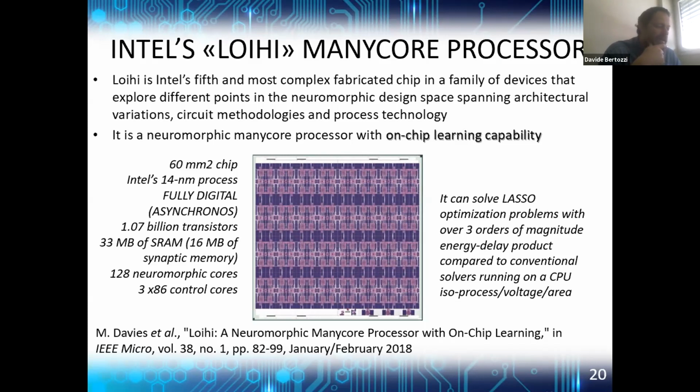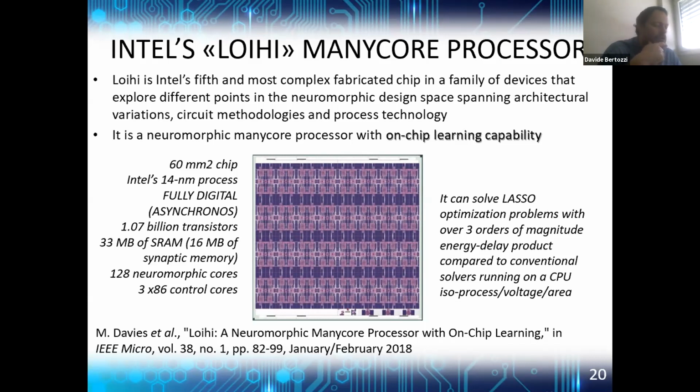Compared to a baseline CPU running a numerical solver with the same operating voltage and manufactured on the same process node, Loihi was able to achieve more than 5,000x, actually I think 5,700x, in the energy delay product when the size of the problem was large. You can exploit the benefits of this chip when the size of the problem is large.